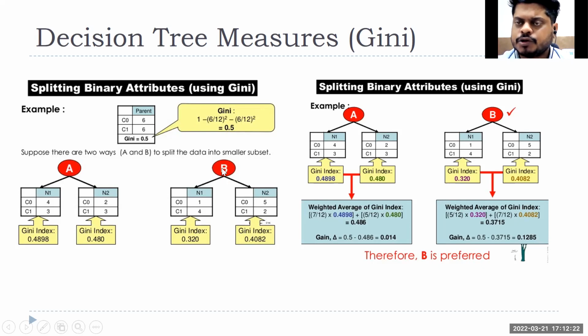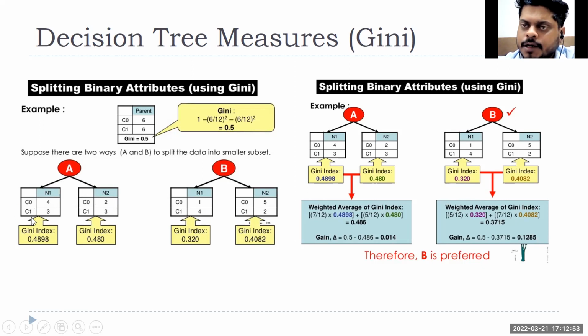If I use A, the marital status, somebody who is married goes in one group and somebody who is not married in the other. In the first group, a total of 7 people will come, 4 plus 3: 3 are my customers, 4 are my non-customers. In the other group, 5 people will go: 3 are my customers and 2 are my non-customers.